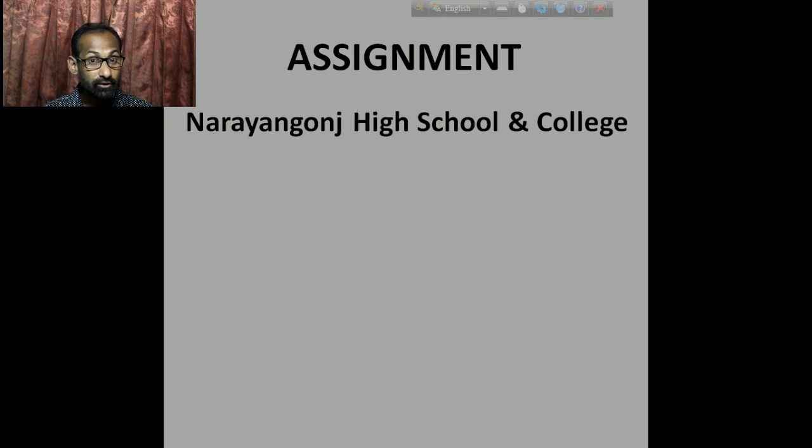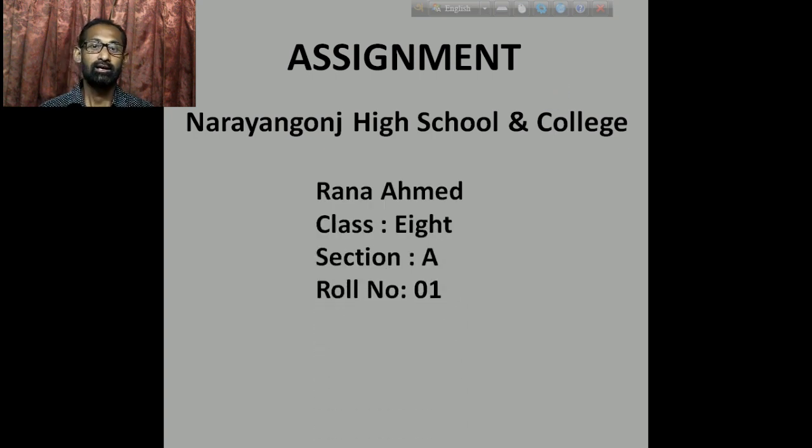Then the name of your school. As you are a student of Narayanganj High School and College, you have to write the name Narayanganj High School and College. So it will be assignment, then Narayanganj High School and College. Then, for example, you are Rana Ahmed, now you have to give your details: Rana Ahmed, class 8, section A, roll number 1.